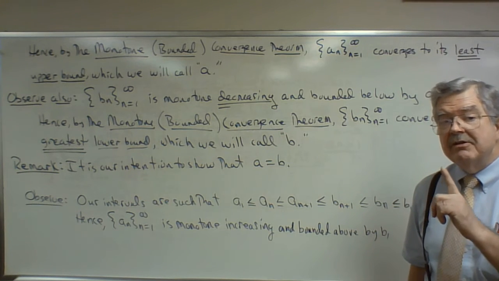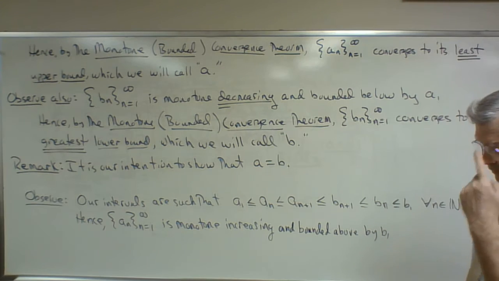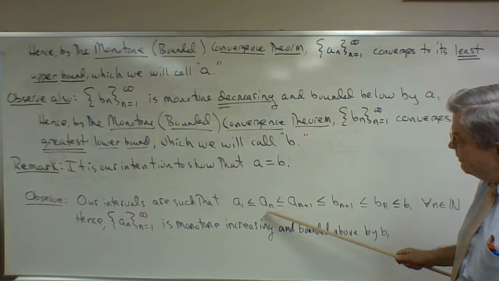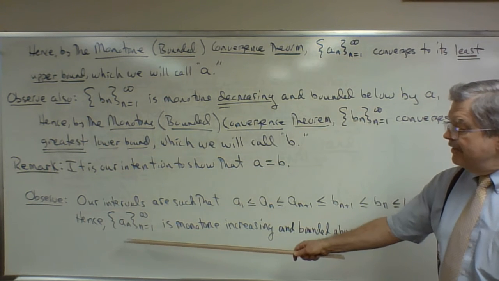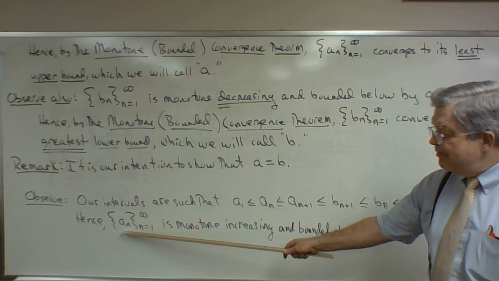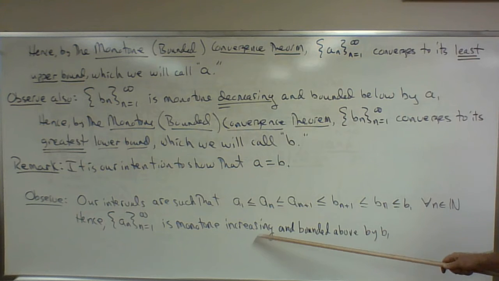But there's something else going on here too. For every natural number n, a sub n is less than or equal to b sub 1. So this sequence of left endpoints is monotone increasing, and it's bounded above by b sub 1.